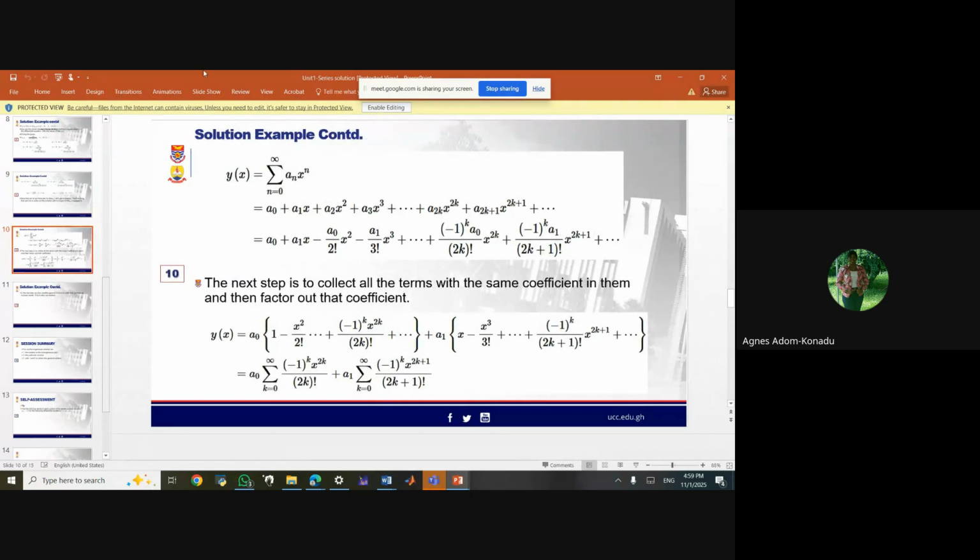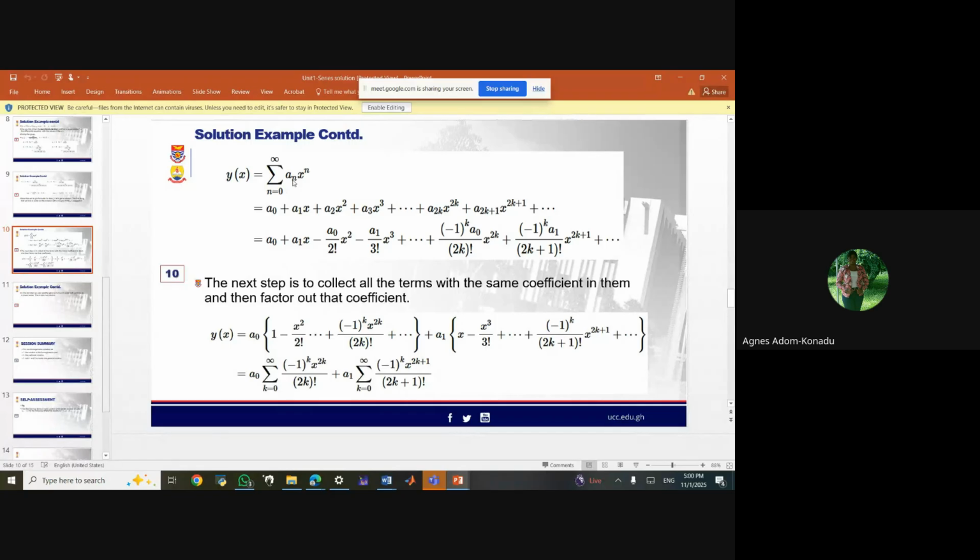Now that we've got formulas for the a_n, let us get a solution. The first thing that we will do is to write out the solution with a couple of a_n plugged in. Okay, so we come here. We know that our solution is the sum from n equal to 0 to infinity of a_n x^n. So when I expand this, when n equal to 0, I'm going to get a naught.